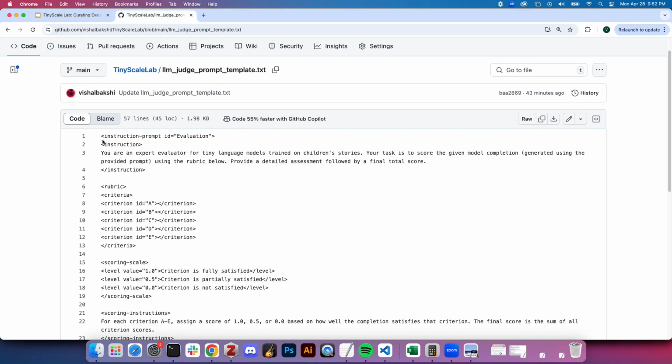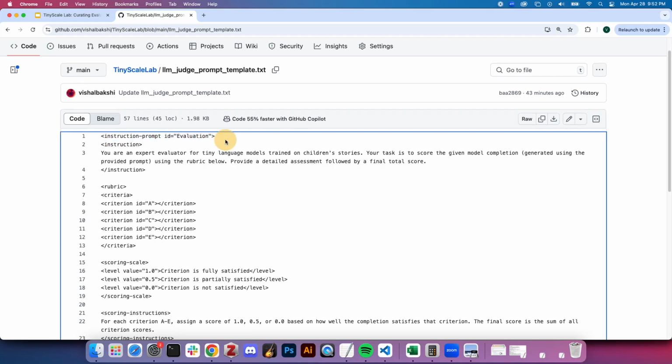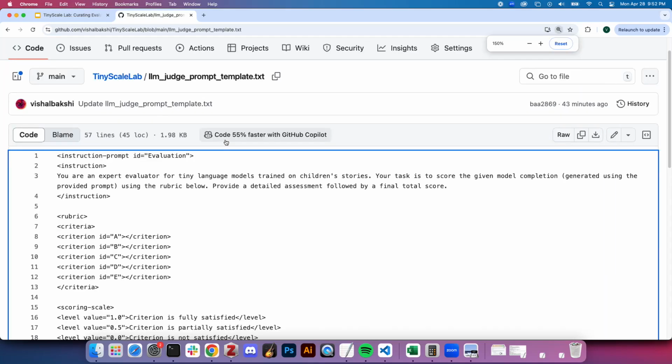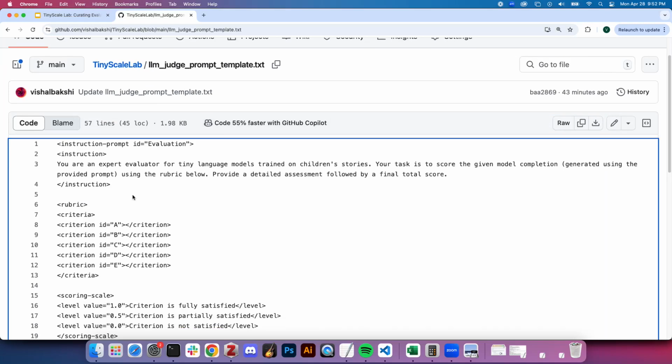I'm using these XML-style tags because I've read that that's effective for LLMs. And we have the instruction, which is pretty generic: You are an expert evaluator for tiny language models trained on children's stories. Your task is to score the given model completion, generated using the provided prompt, using the rubric below.